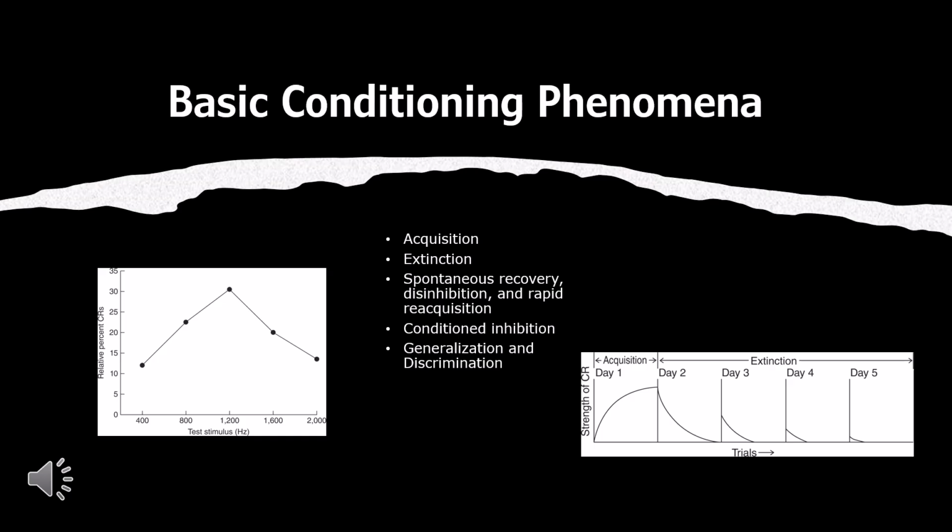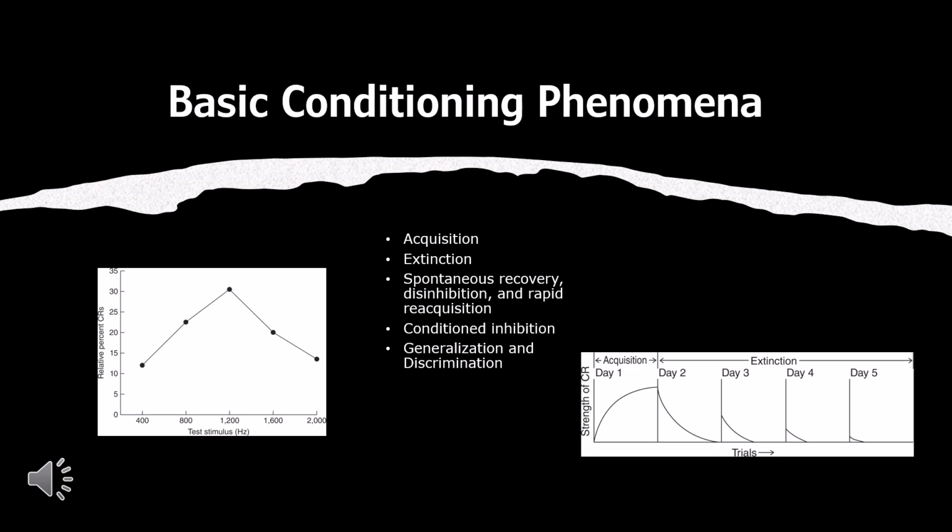That's why I said earlier that timing is important. You have to occasionally throw the food back into the experiment if you want the dog to continue to salivate to the bell, right? If you go too long without occasionally repairing those two stimuli, then extinction sets in and you're not going to see the dog salivating anymore.